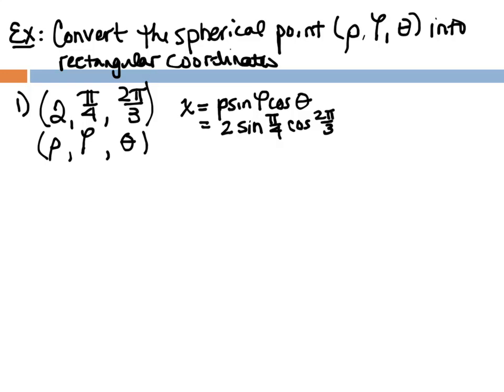And trig becomes quite useful again because we've got lots of trig going on in this problem, right? So what is the sine of pi over 4? Root 2 over 2, good. What is the cosine of 2 pi over 3? Unit circle trig.